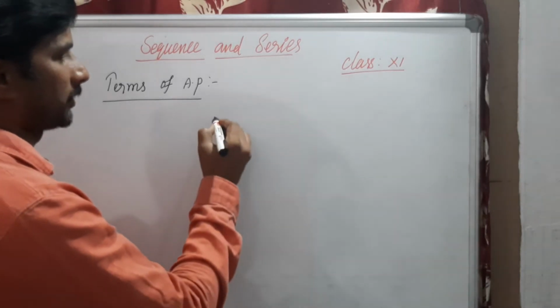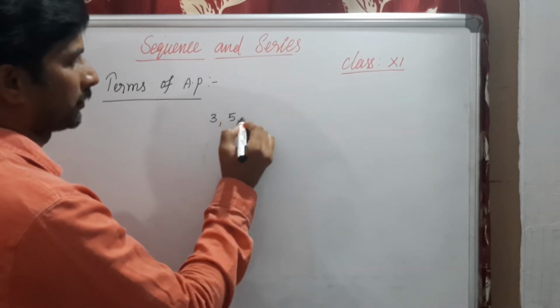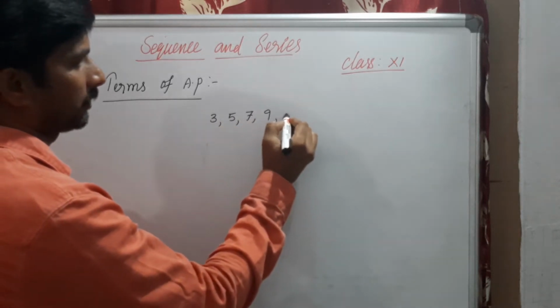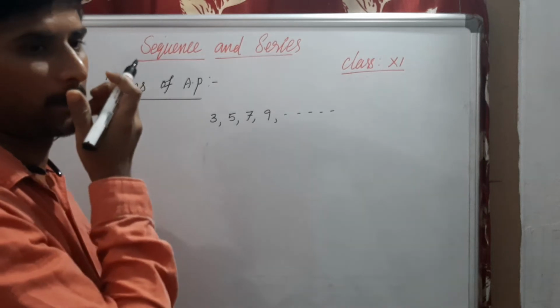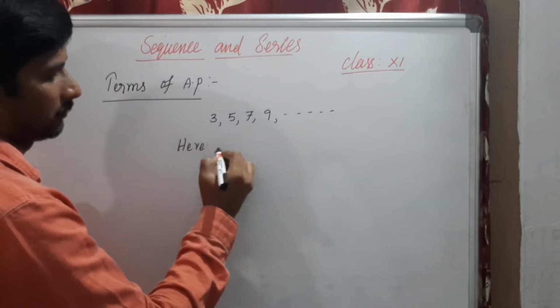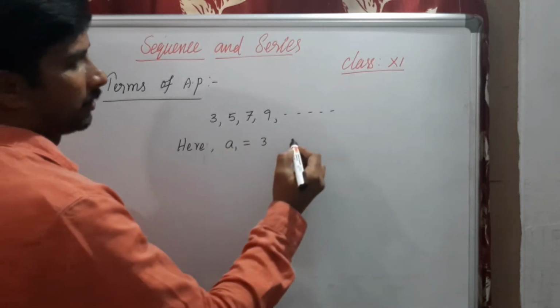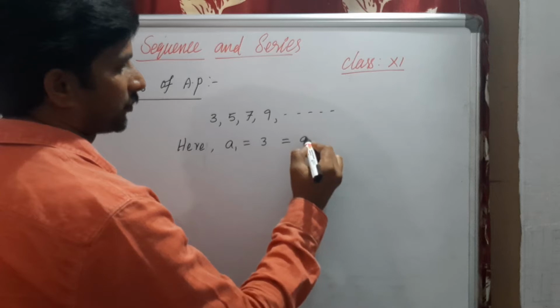Consider a sequence which is 3, 5, 7, 9 and so on. So here the first term is A1, which is 3, which can be written as small a.